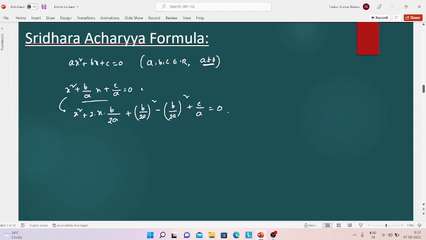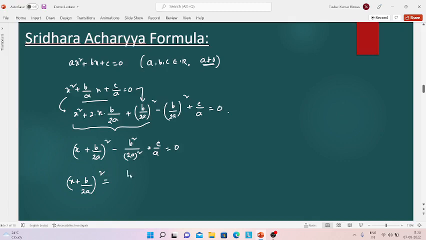So here you can see we can write this particular equation as this equation, right? From this part you can write x plus b by 2a whole square, minus b square by 2a whole square, plus c by a equals 0. So what will be the value of x plus b by 2a whole square?